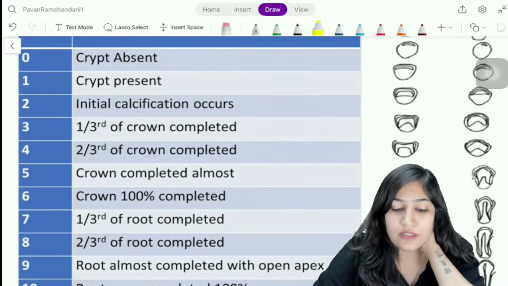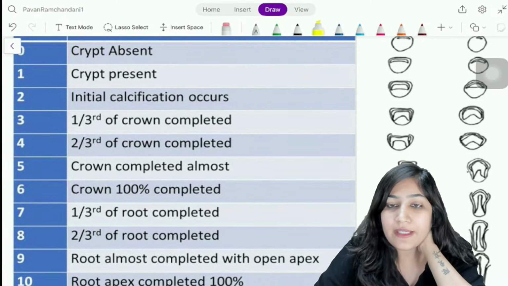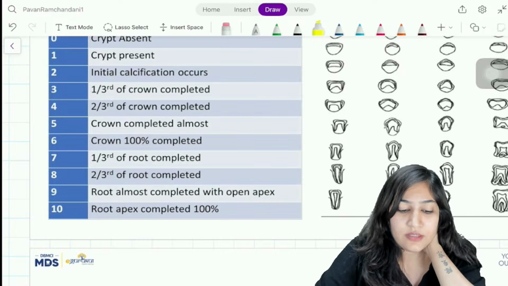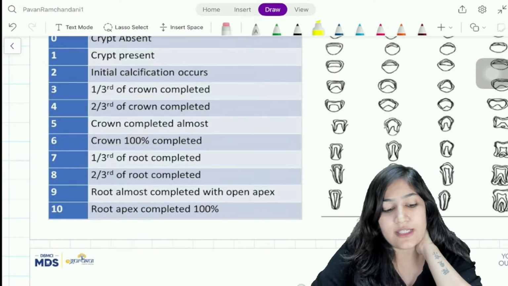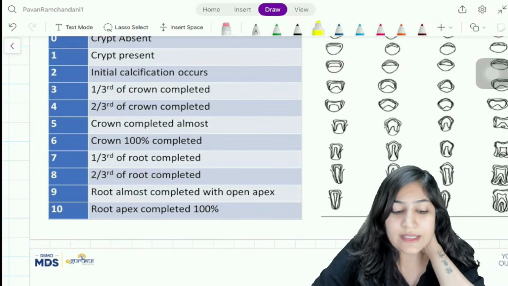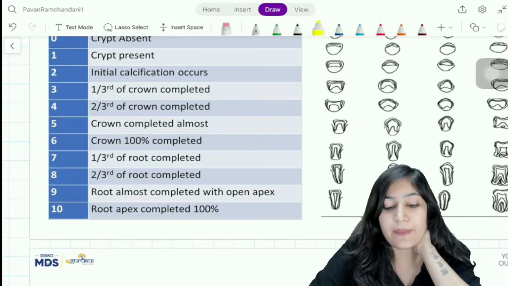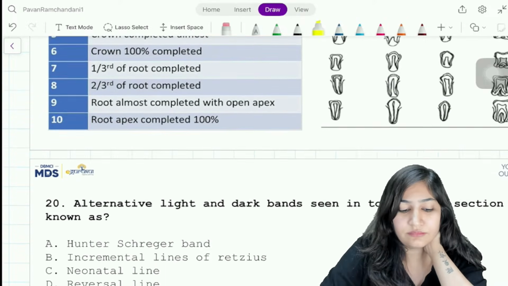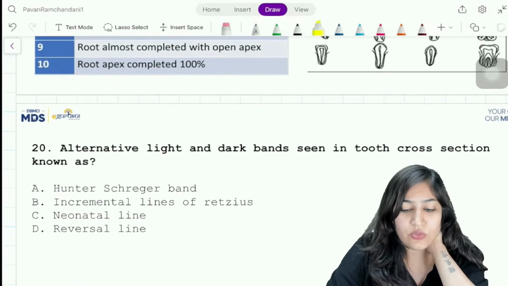Then we have 1/3 of the root completed. Then we have 2/3 of the root completed in stage 8. Root almost completed with root apex open in stage 9. And stage 10 is root apex completed 100%. Okay.